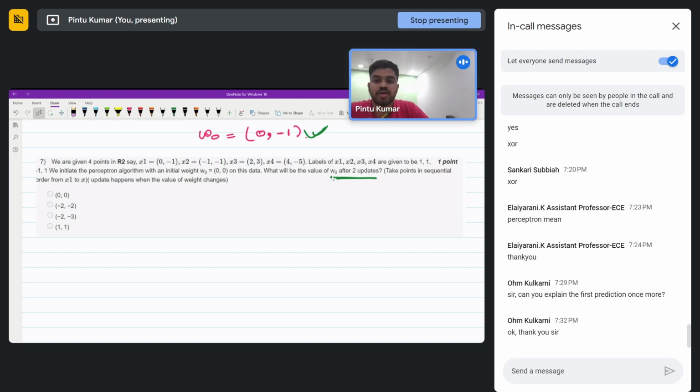I'm also thinking about it. You guys also can answer me. I think it will converge after one update only, but you just need to see where it converges. And I think an option will match.